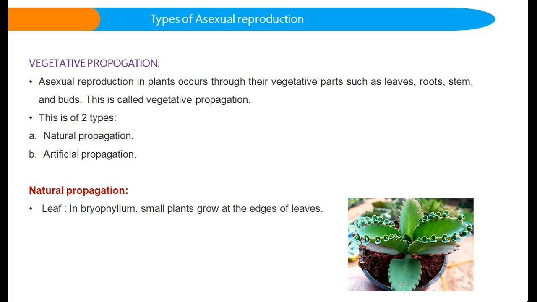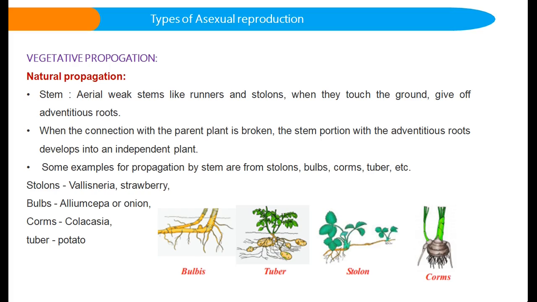Coming to natural propagation by leaf, example bryophyllum. In the bryophyllum leaf, small plants grow on the edges of the leaf. On every notch of the leaf, a new plant arises in bryophyllum. That is propagation by leaf.